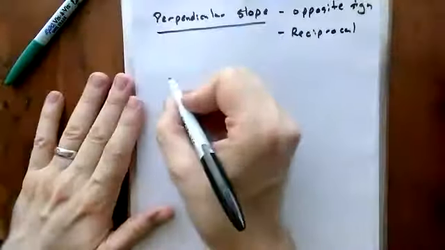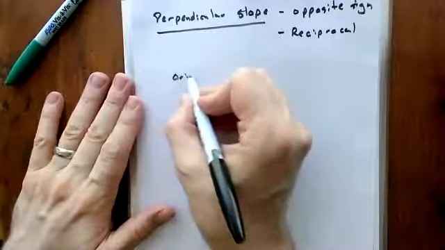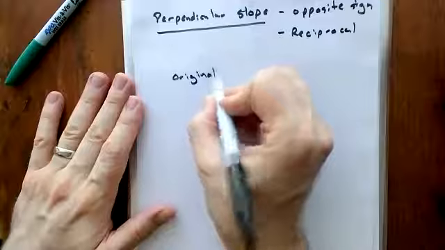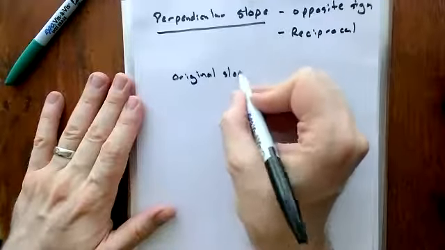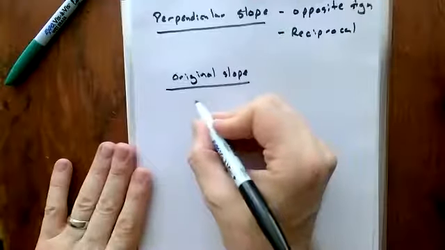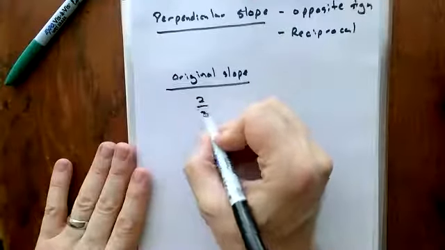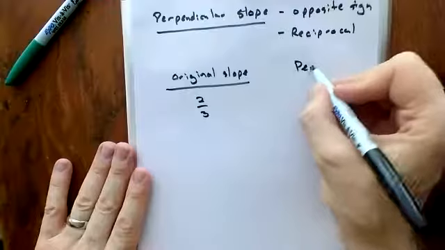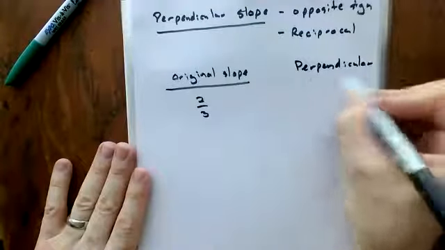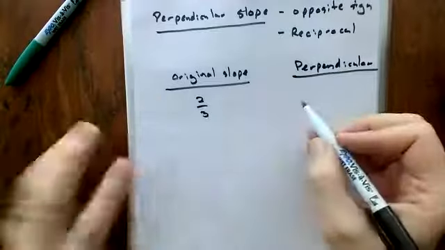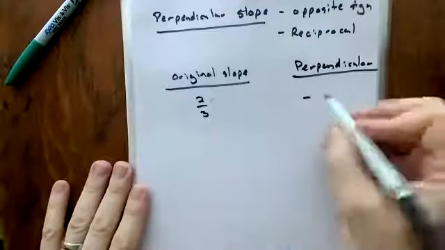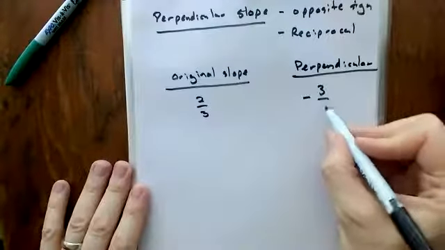Say I have an original slope of, let's try, 2/3. My perpendicular slope is going to be the opposite sign, so positive becomes negative, and I'm just flipping this fraction. So that would be negative 3/2.